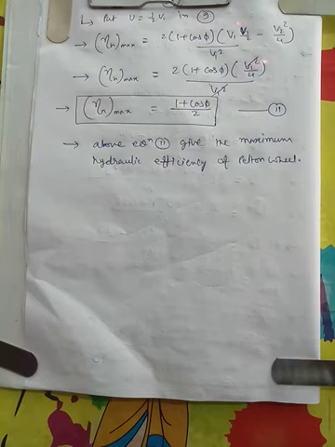Calculating this, the V1 squared cancels, and finally we get the maximum efficiency of the Pelton wheel equal to (1 plus cos phi) by 2. This is equation 11, the formula for maximum efficiency of the Pelton wheel when phi and V1 are constant.